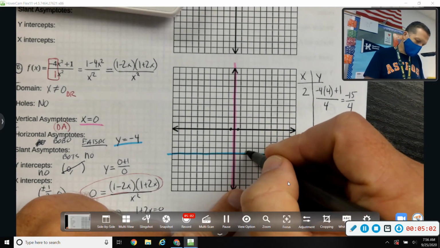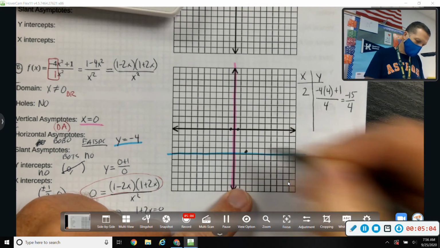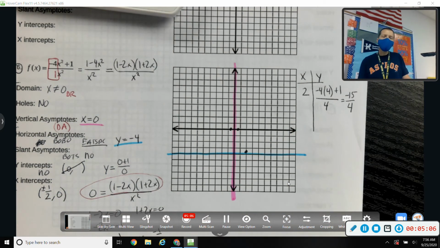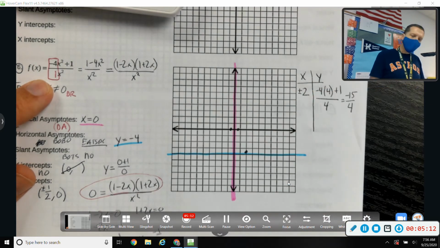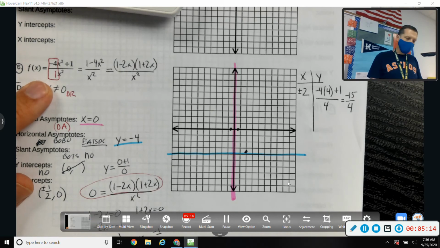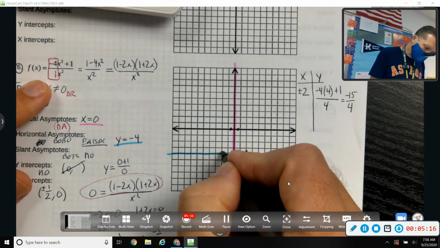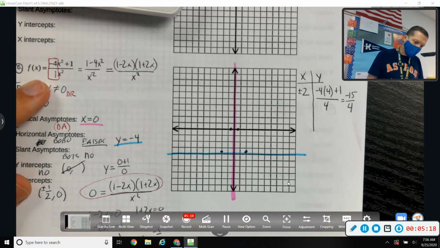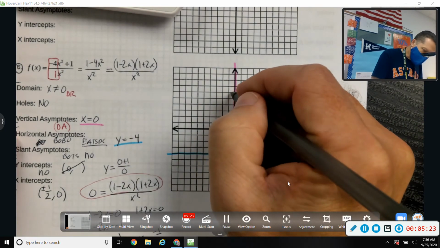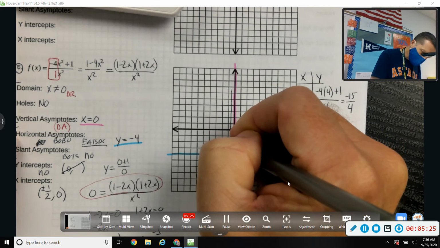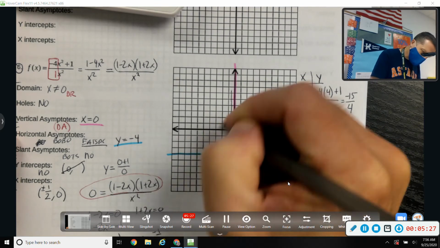So I'm going to go almost to negative 4. And by the way, because x is always squared, it wouldn't matter which x we plugged in, plus or minus 2. We'd be down at almost negative 4. So I think that confirms what I thought was going to happen. Looks something like this.